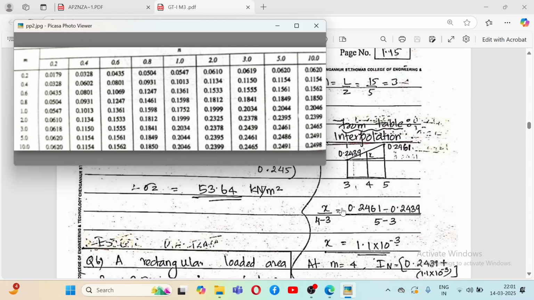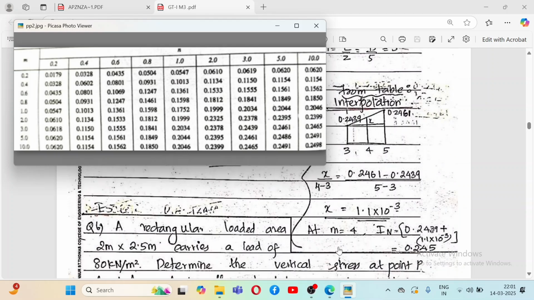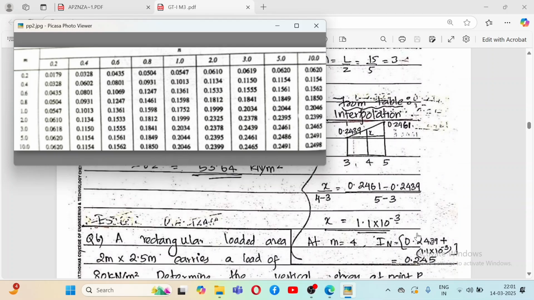How do you find? X divided by 4 minus 3 is equal to 0.2461 minus 0.2439 divided by 5 minus 3. You get X as 1.1 into 10 power minus 3. For M equal to 4, IN is given by 0.2439 plus 1.1 into 10 power minus 3.